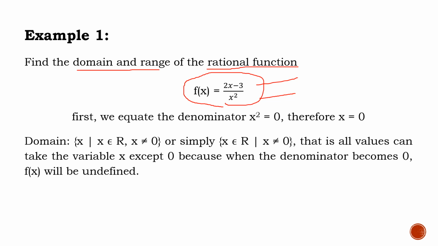So we need to neglect a value of x that will make your denominator equal to 0. When your x is equal to 0, it makes your denominator equal to 0. That's why first we equate the denominator, x squared is equal to 0. Therefore, x is equal to 0.